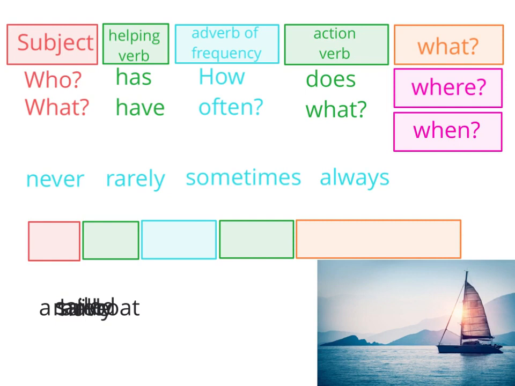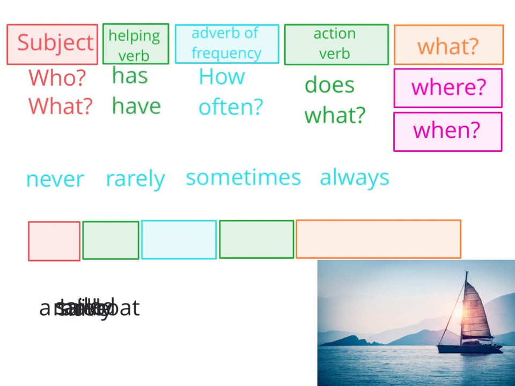So in this type of sentence, it begins with our subject, which tells us who it is about or what it is about, a person, place, or thing. And then we will have has if it is just one person or place that's not I and not you, or it will be have if it is more than one person, place, or thing, or if it is I or you. And then it will be the action verb.